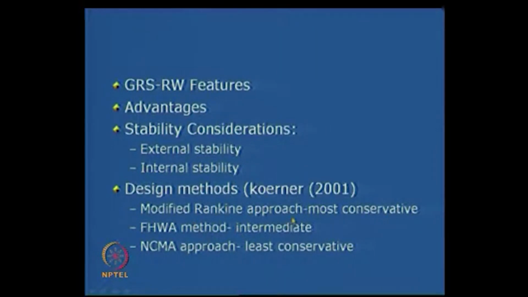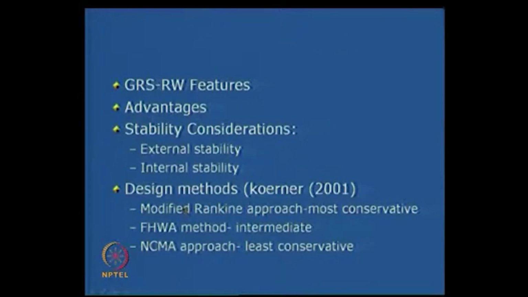The Rankine approach is one thing, like 1 minus n phi, that type of approach we use, and we have a Federal Highway approach, which is by one standard code. Then we have the NCMA approach, another one, and we also have BS 8006, the UK code. The first ones are from the US, and BS 8006 is another standard code. Most of the codes in the world follow many of these codes, and sometimes different countries have their own codes also.